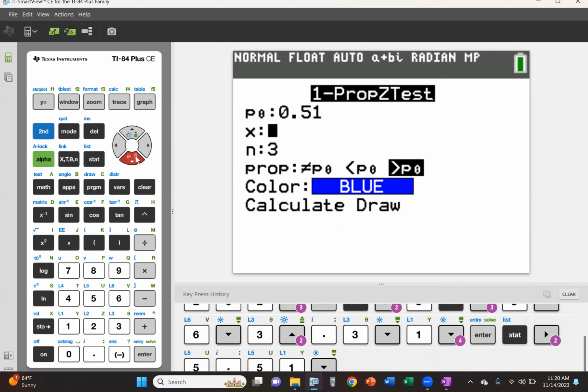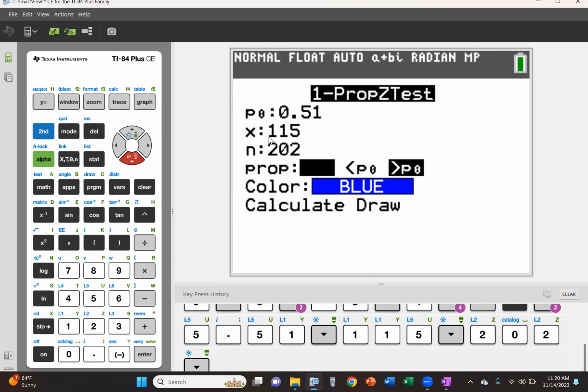And the data we were given is that 115 out of the 202 that play intramural sports graduate. And we're interested in, is the proportion of the intramural students greater than the 0.51? And so we're going to calculate.